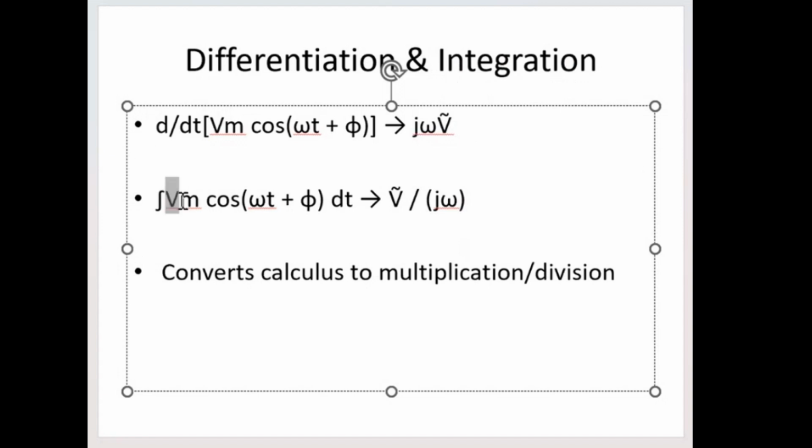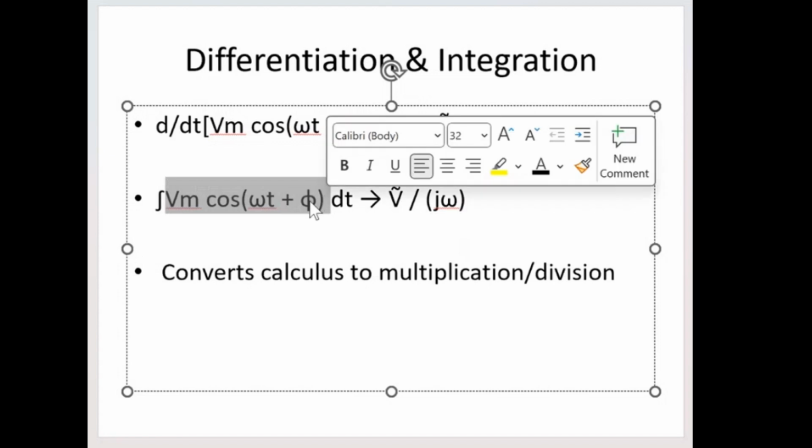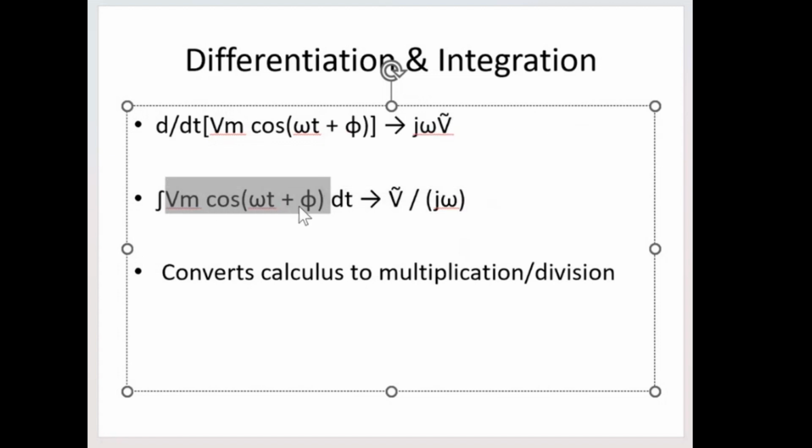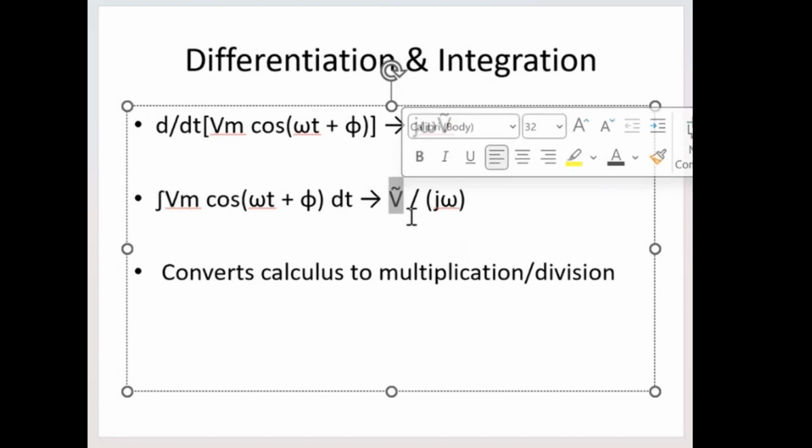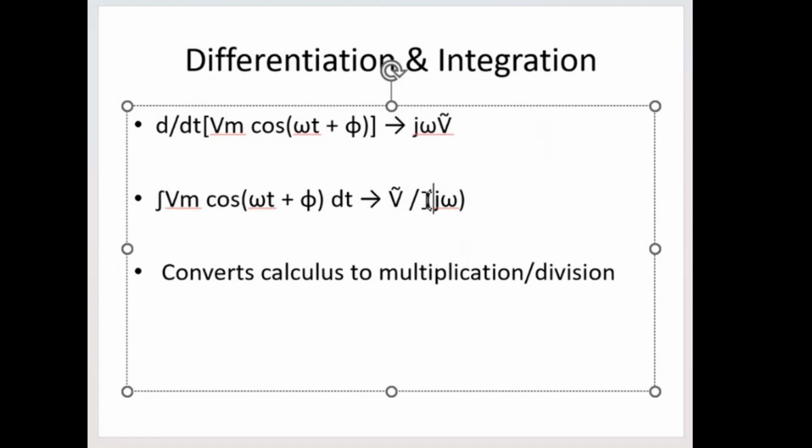And if we have the time domain function for the voltage as v of m times cosine of omega t plus phi, and we want to take its integral and show it in the phasor format, it will just reduce to a division, where essentially you divide your phasor by j omega. So you can see how it simplifies and converts the calculus into algebraic equations.